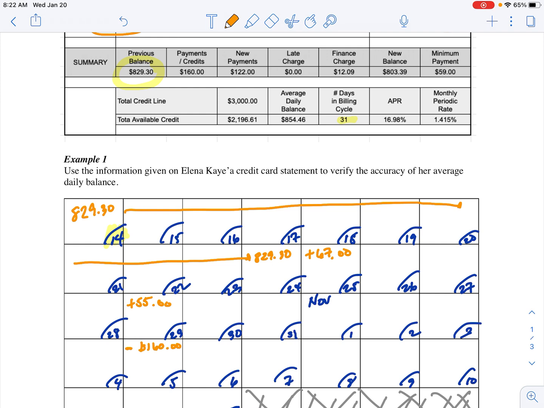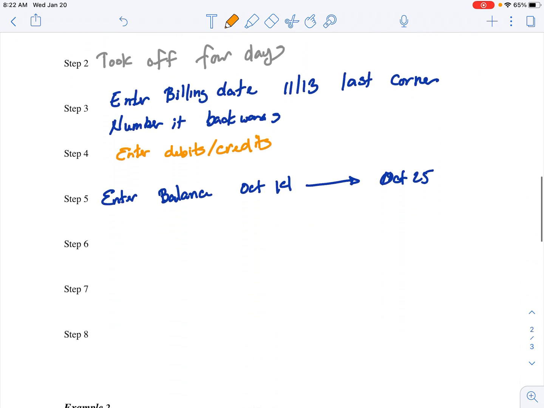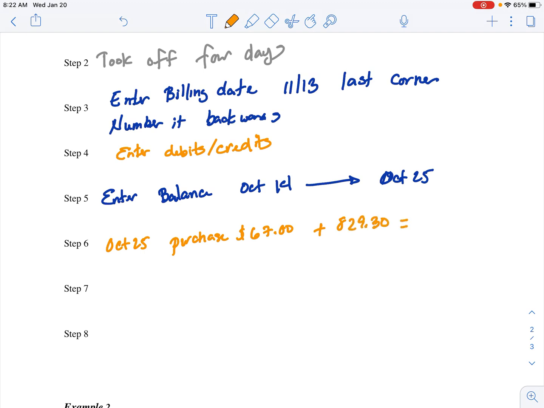Okay, so what happens here, so we put a purchase, $67. Okay, we're going to add that to our 829.30, and that'll give us our new balance of $896.30.